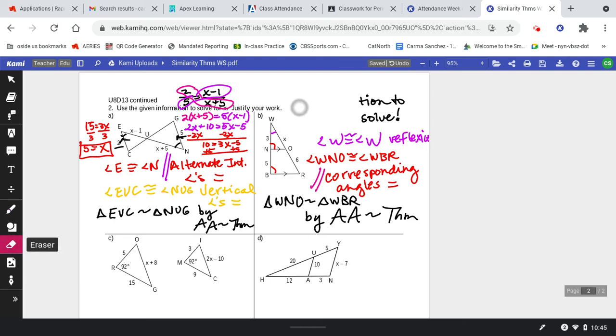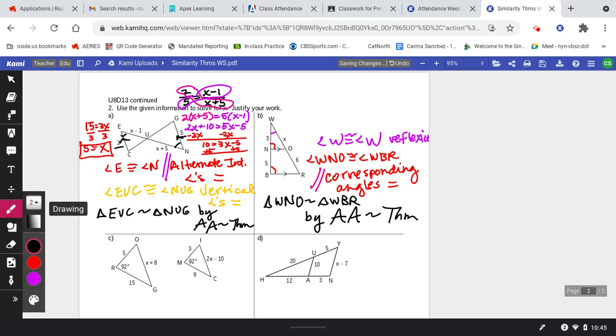Now that we got to the point that they are similar, now you can solve by a proportion. So how do I solve by a proportion? I'm going to go like this. Remember that we have to notice that this big side is 8. How did I get that 8? The 3 plus the 5. So I'm going to say little is to big on the left side as little is to big.